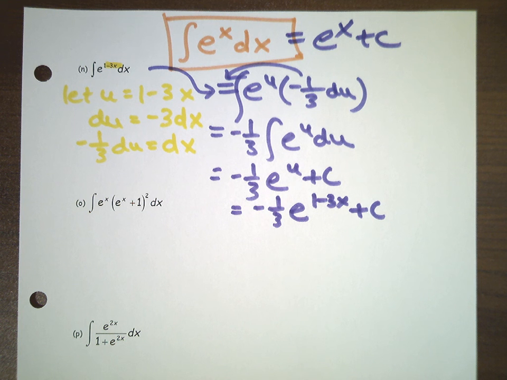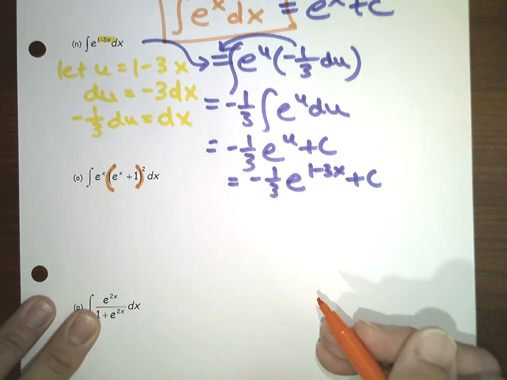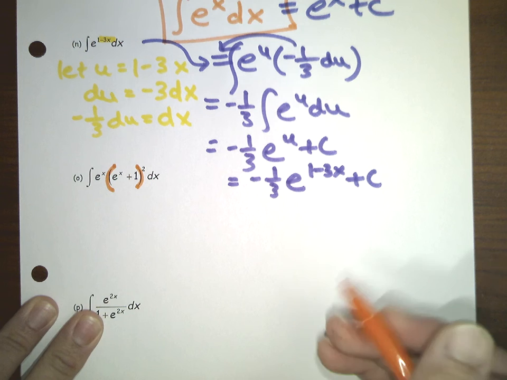So now, look at the next one. I think that this one is a little bit trickier because it is one where I see that e isn't to an exponent other than x. However, I see that we have an expression inside of another expression.